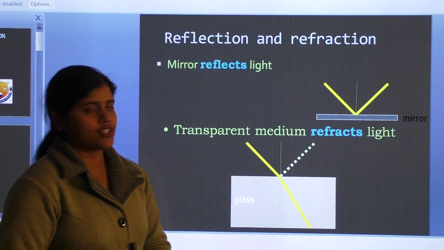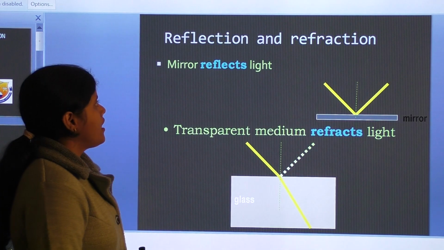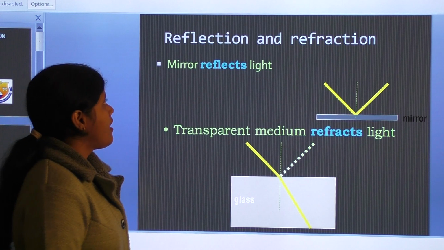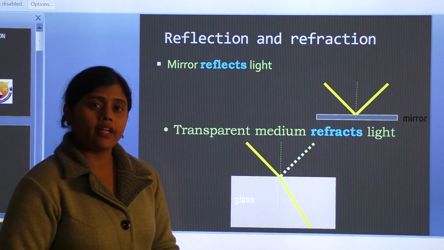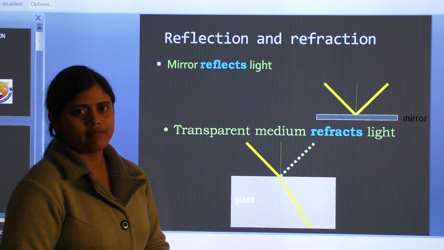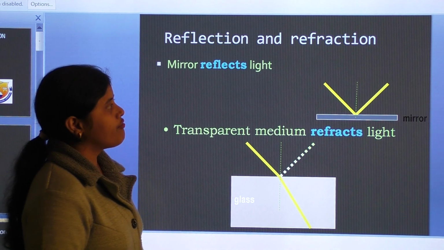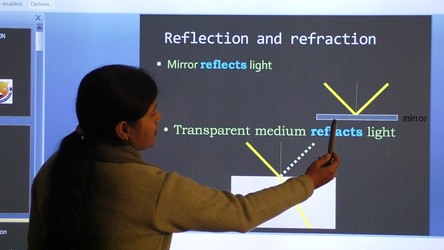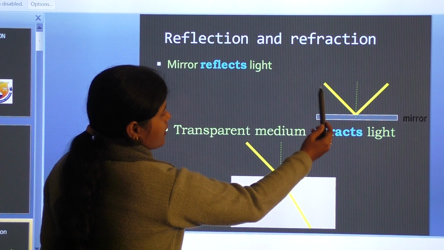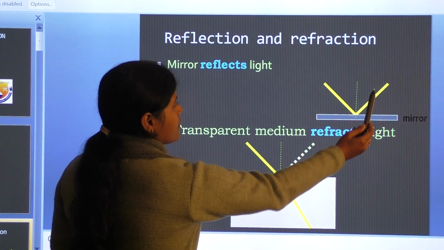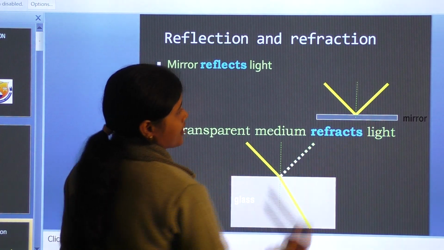So in case of reflection, basically what happens? A mirror reflects light. Obviously, when light falls on a smooth and shiny surface, it reflects light. Basically, the direction of light changes. You can see this is a mirror and an incident ray which is falling on this mirror is bouncing back in the same medium, changing its direction.